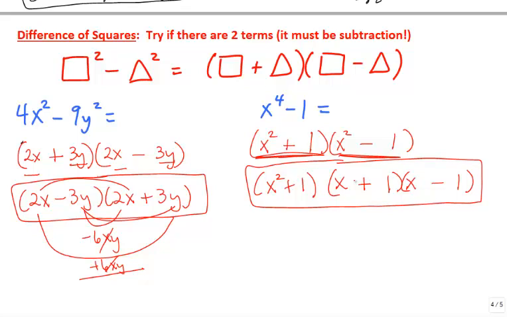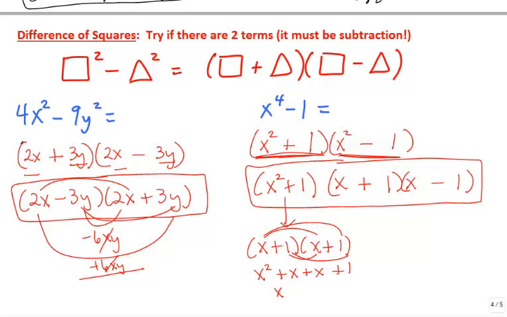Now, a question that I often get is, well, why can't I factor x squared plus 1? Why isn't that just x plus 1 times x plus 1? And the reason why it's not is because when you FOIL out x plus 1 times x plus 1, you do get an x squared, but you also get a plus x, and a plus 1. And when you combine those middle terms, this is actually x squared plus 2x plus 1.